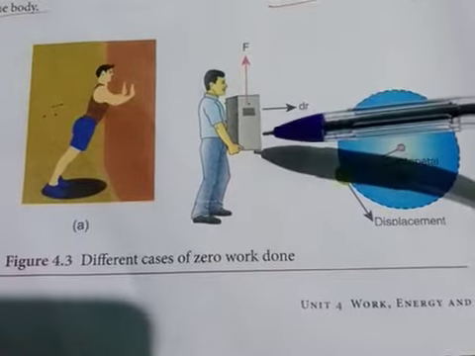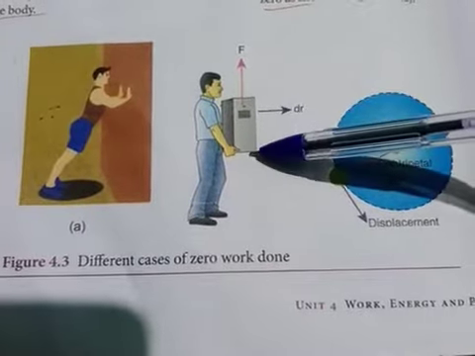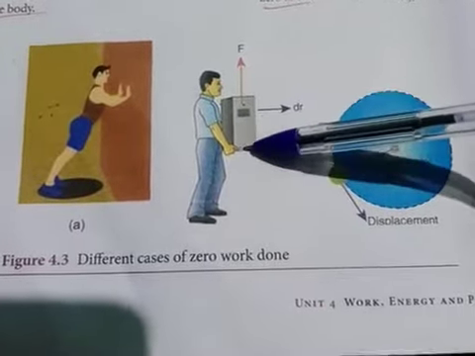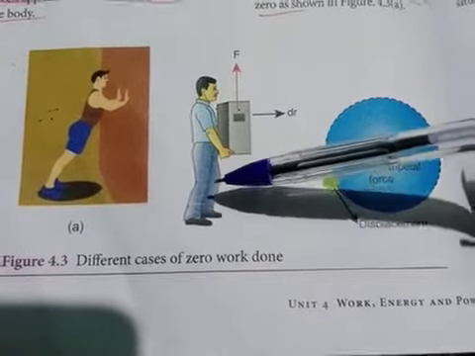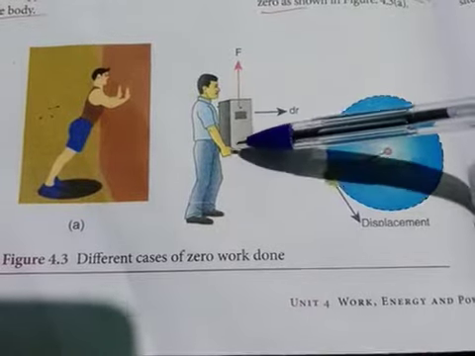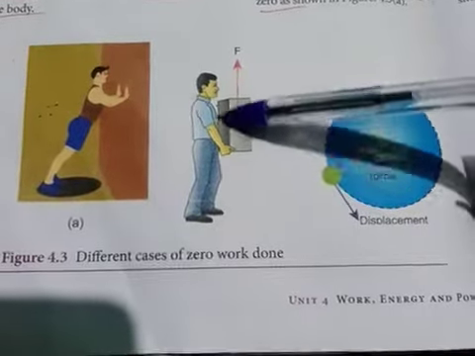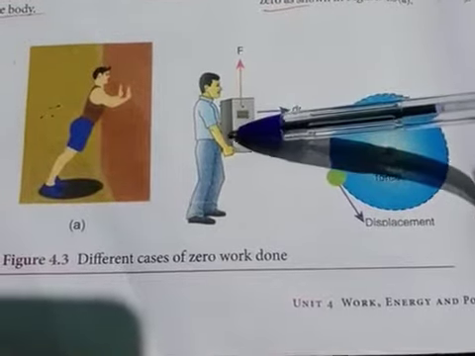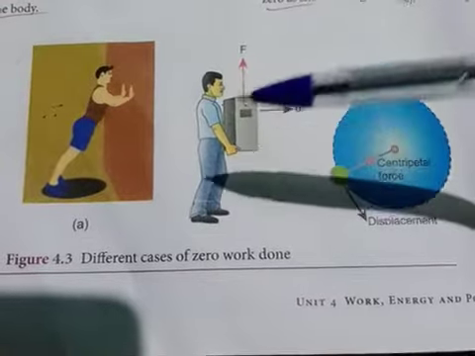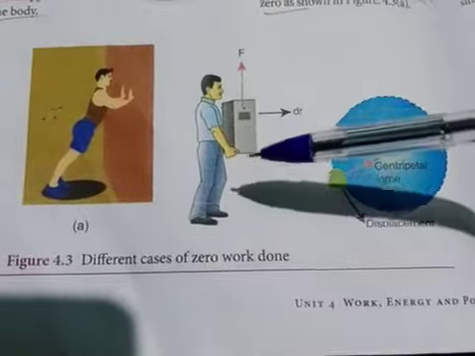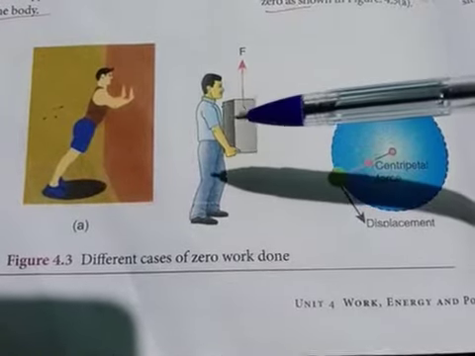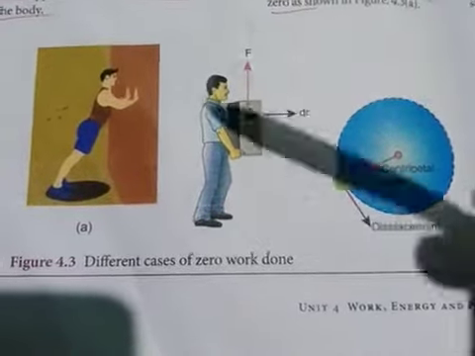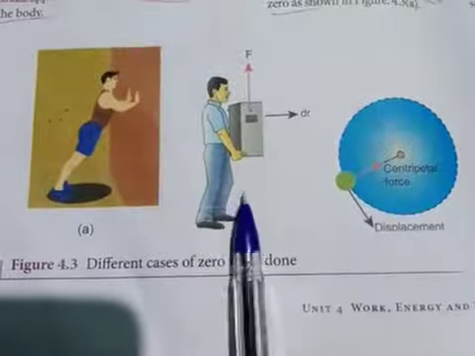In this case, the gravitational force acts in the downward direction, and there is no work, so we can tell that the gravitational force does no work on this body. The work done is 0.